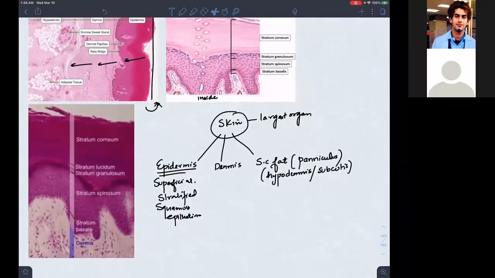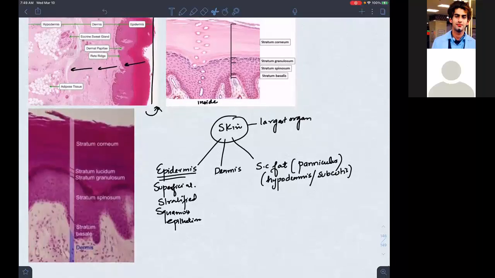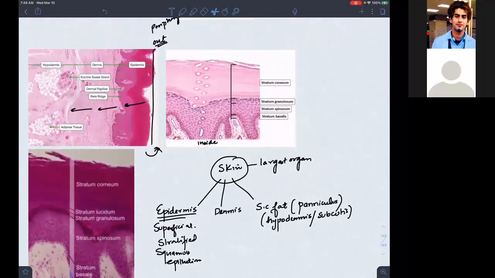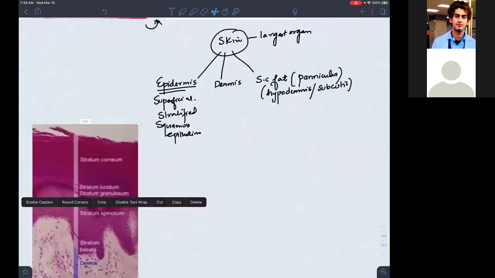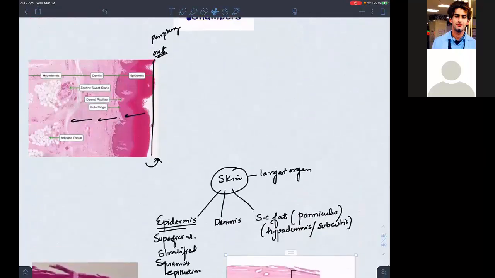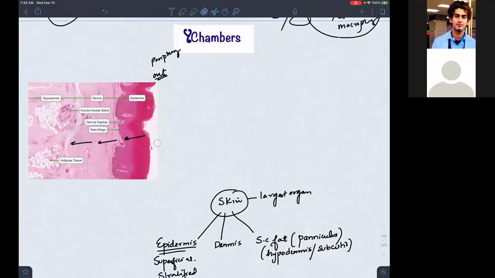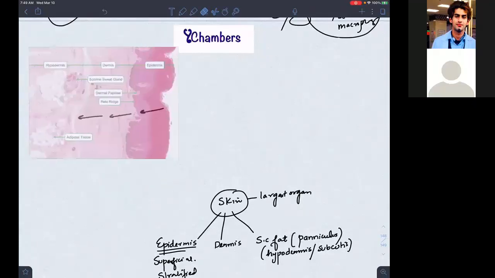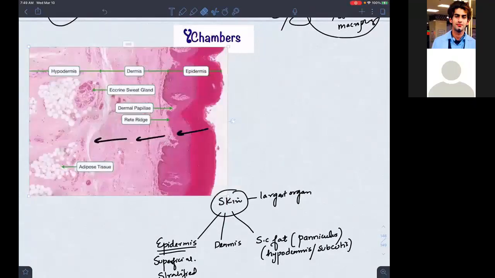Now this is all about the epidermis. Let me show you first, to make you understand what these diagrams are, where we first need to have a broad overview. This is just the general overview. The magnification is not much.